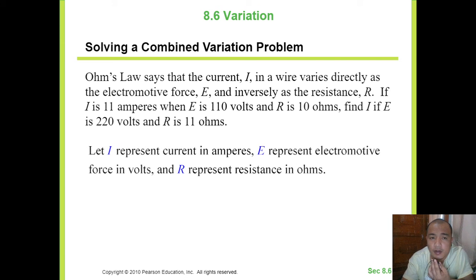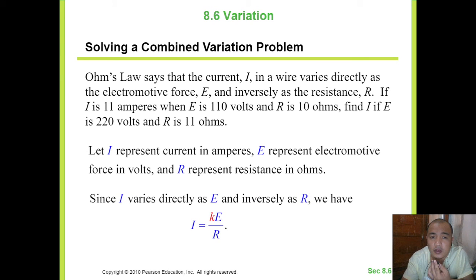So I is the current in amperes, E represents electromotive force in volts, R represents resistance in ohms. Since I varies directly as E, we have I equals kE. Inversely as R, so we have I equals kE over R as our variation equation.